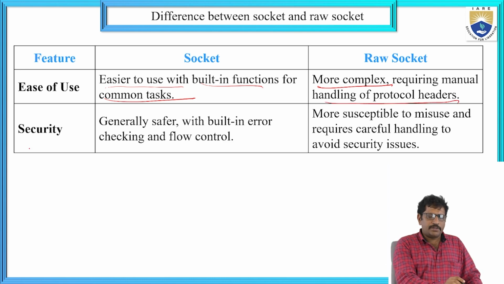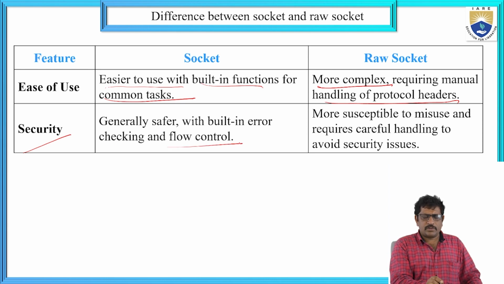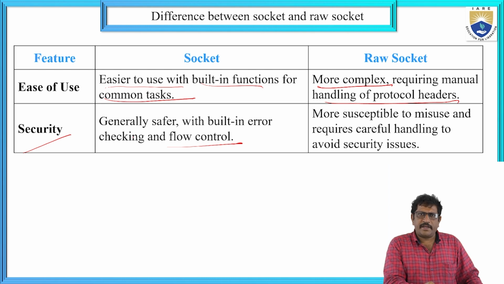Here is the security. In terms of security, socket standards provide very high security, with built-in error checking and flow control. If there are any errors, they can be checked, and when traffic arises the flow can be controlled.